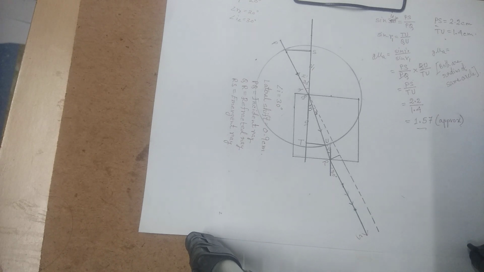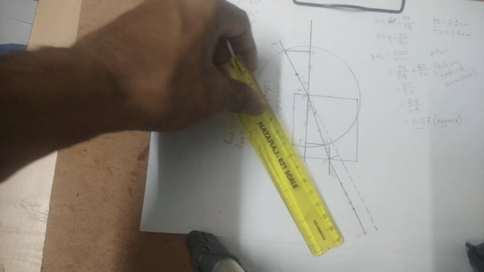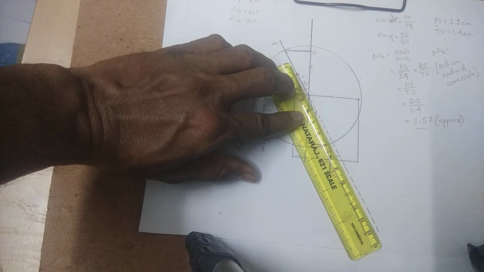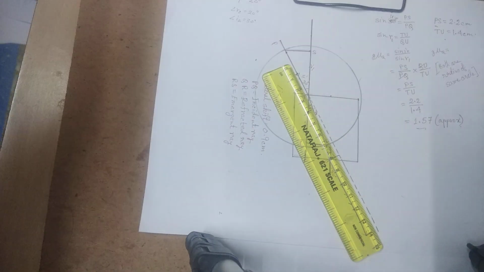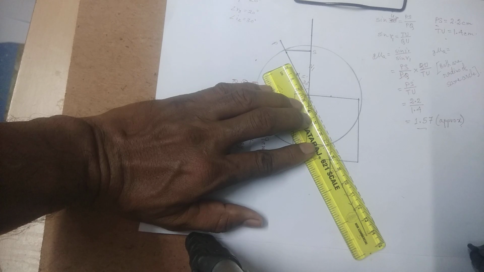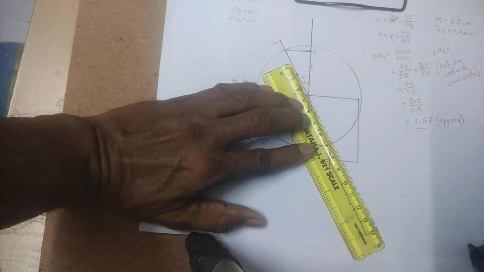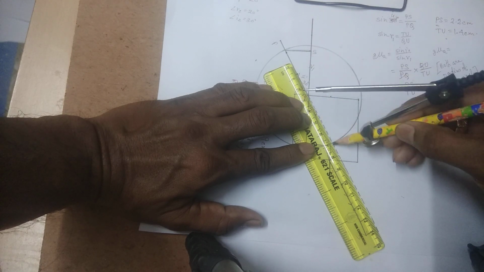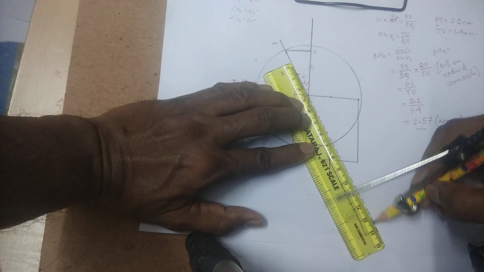Now, I will show you what is the lateral shift. For that, what we do? This is our incident ray. Extend this incident ray. Extend this one, right? Let us extend this incident ray. Right?